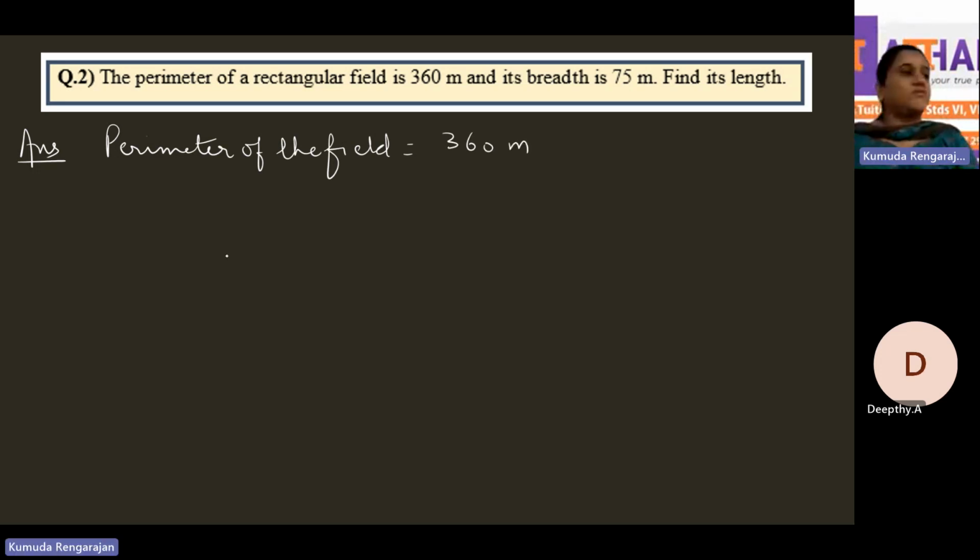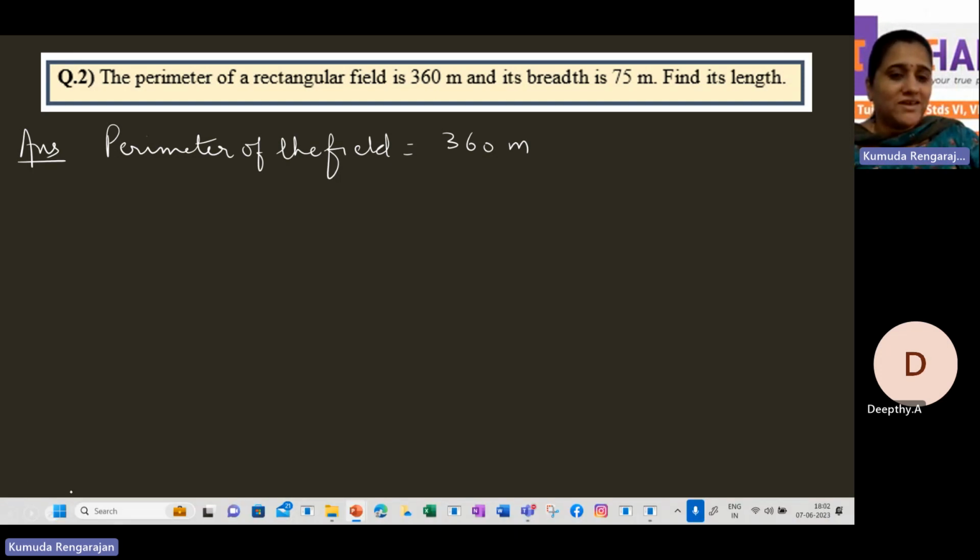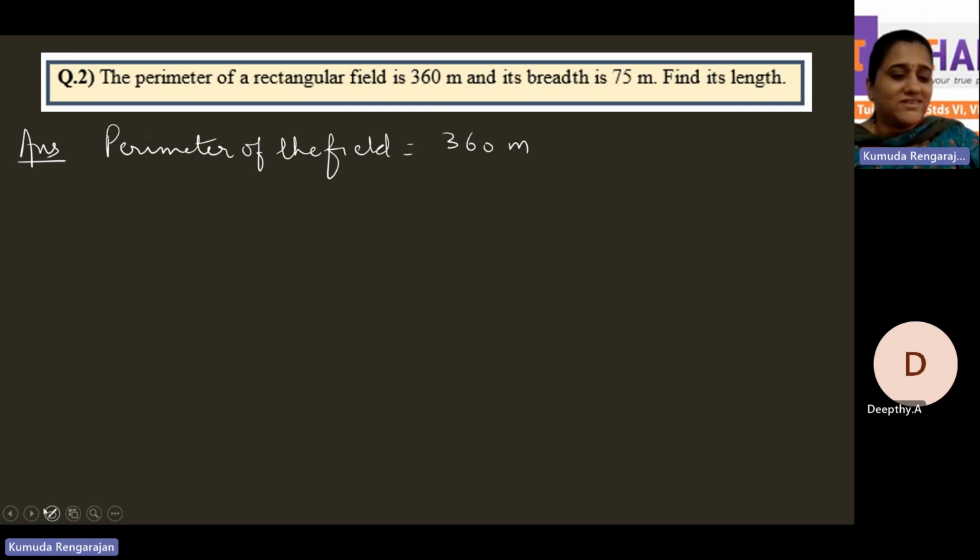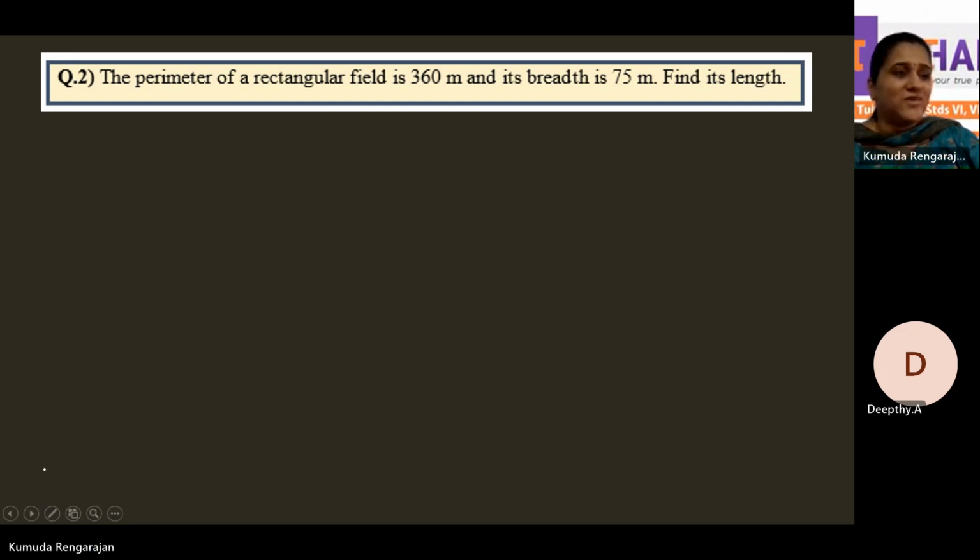Now below this, what's the formula? Tanya, what's the formula to find the perimeter of a rectangular field? For 7th standard, we do it a different way using the formula.